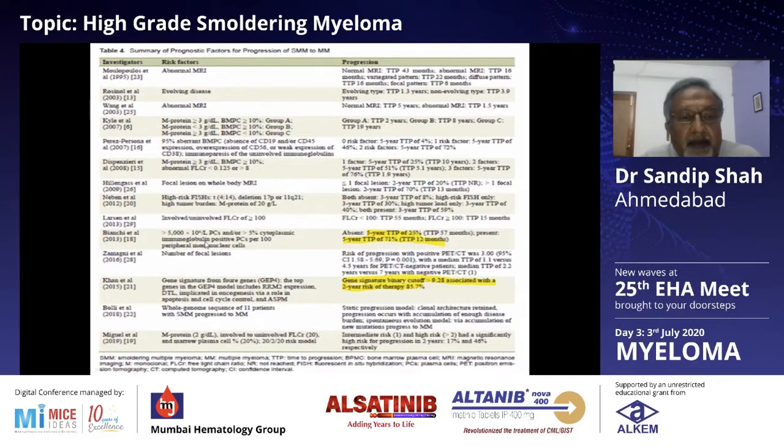And you can see that Bianchi et al. in 2013 showed with circulating plasma cells that the 5-year time to progression is 25% if the abnormality is present, and it is 71% if it is absent.